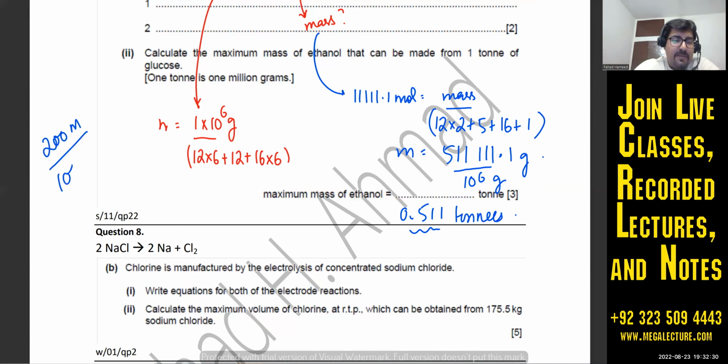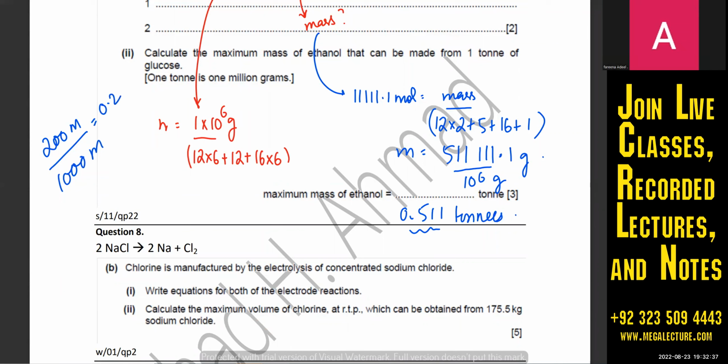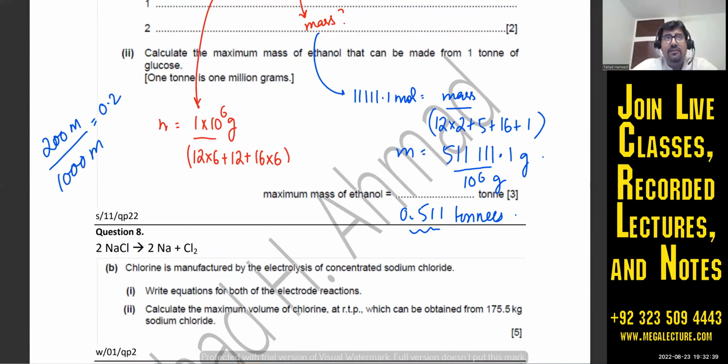A kilometer is 1000 meters, right? And that's going to give me 0.2 kilometers, right? So जब भी किसी भी unit में convert करना ना, you divide by that unit. So they told us that if you want to convert it into tons, you divide it by what the unit is, which is 1 million grams, right?